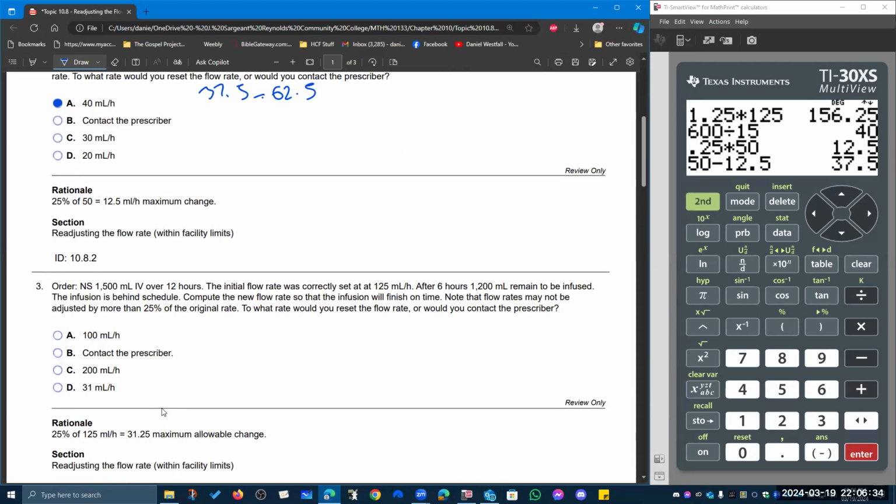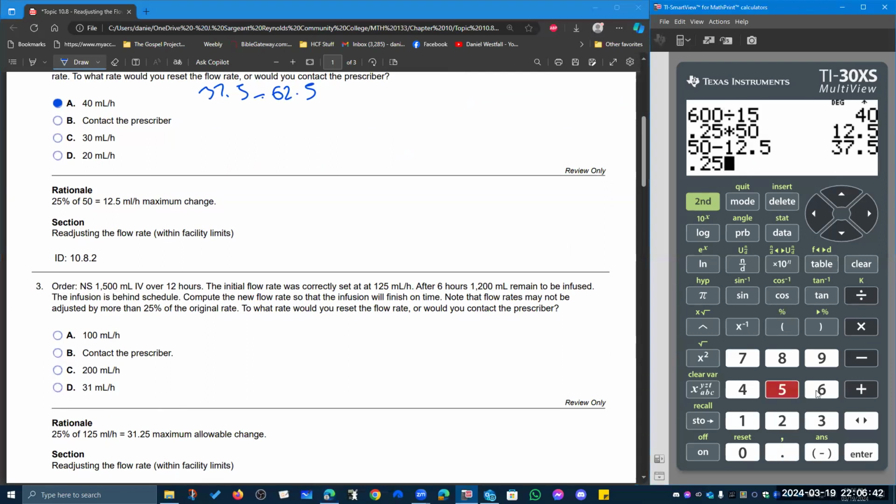Now we have an initial flow rate of 125. 25% of 125 is 31.25. So plus or minus 31.25 is going to be safe for us.